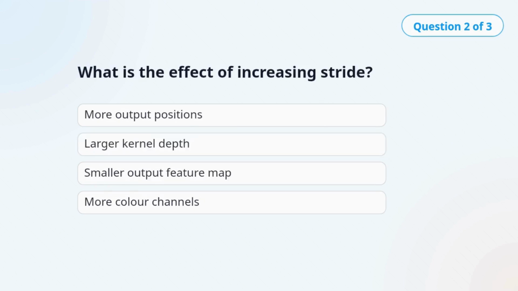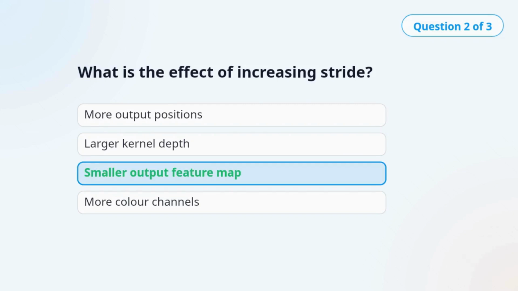Question 2. What is the effect of increasing stride? The correct answer is, smaller output feature map. A larger stride means the filter jumps more, so it visits fewer locations and produces a smaller output.